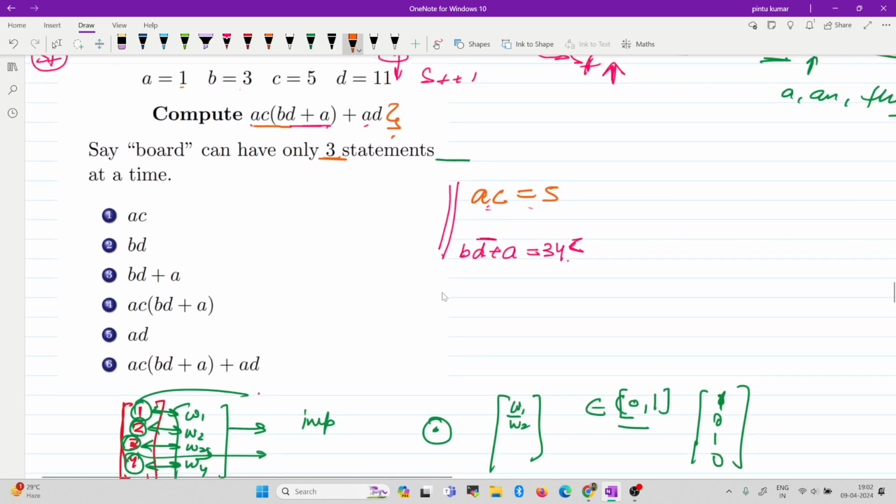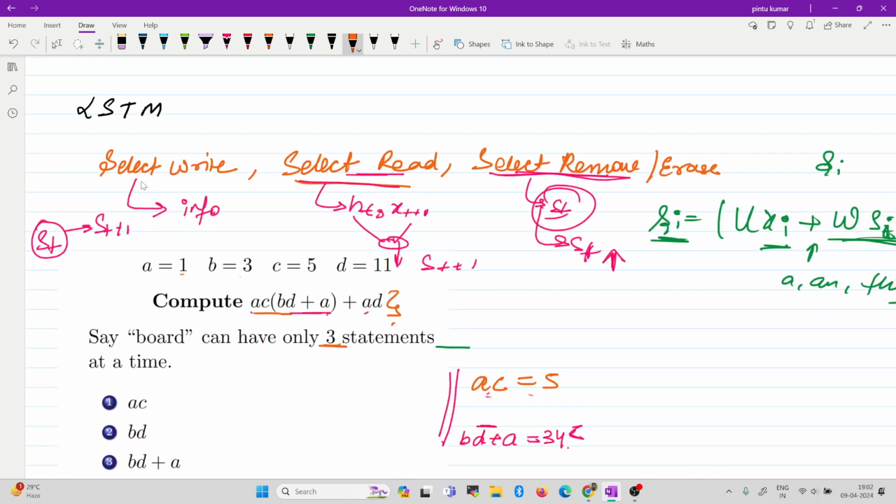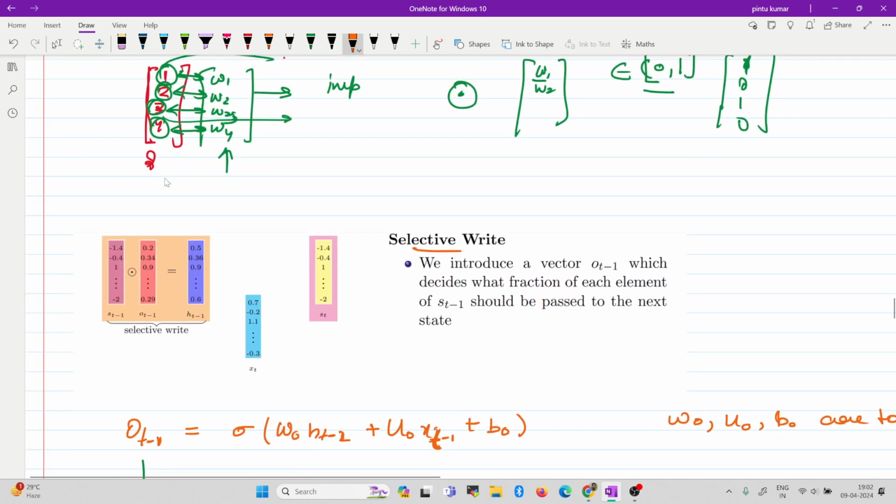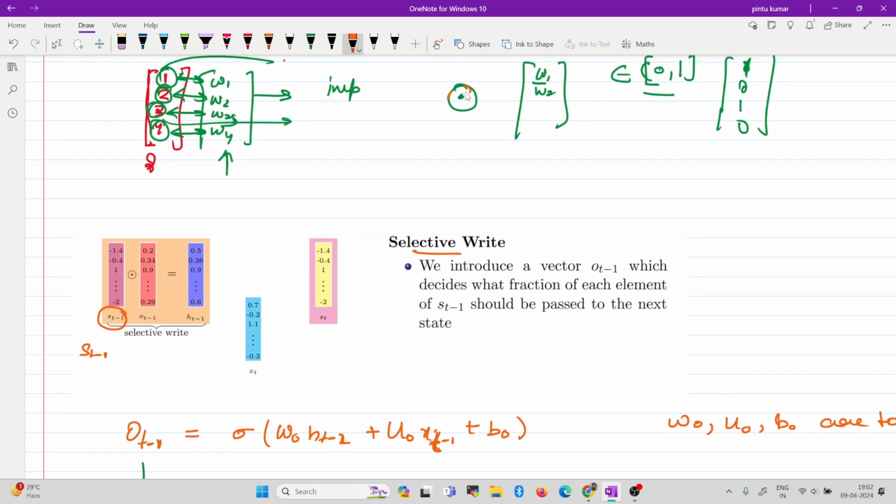The first step is select write. As I mentioned, what would come into select write is the information from the previous step that you want to write. The information available to me till my previous step is s_{t-1}, so I want to multiply s_{t-1} pointwise with some vector whose values are between 0 and 1.